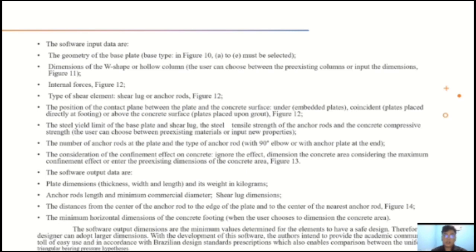So you can see there that the data will be just inputted here in their places. So next, dimension of the W shape or hollow column. The user can choose between the pre-existing columns or input the dimension in figure 11.